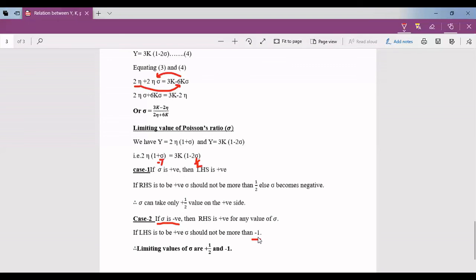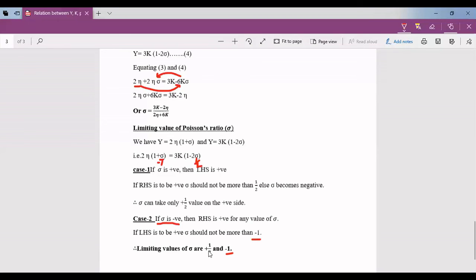So the limiting value for sigma will be plus half and minus 1. Here minus 1 is the negative value for sigma.